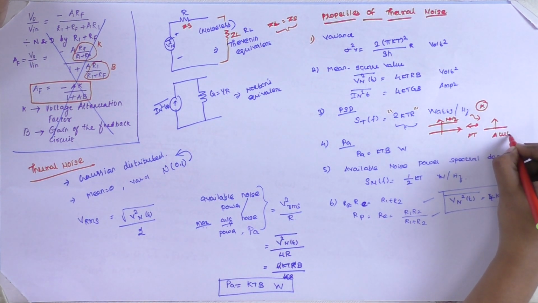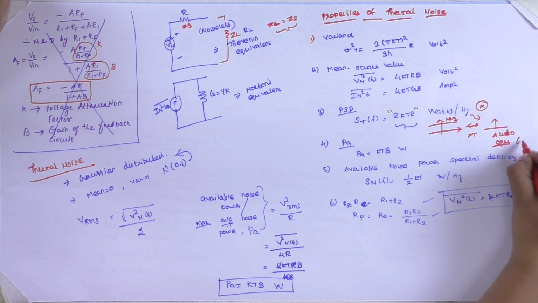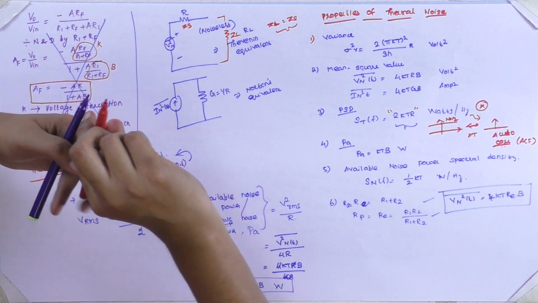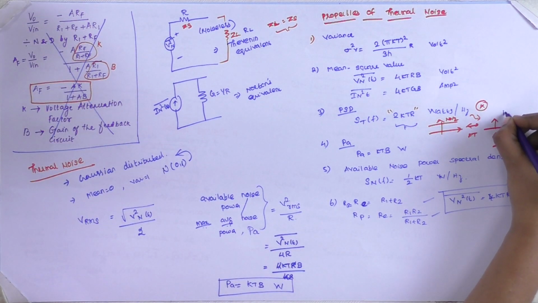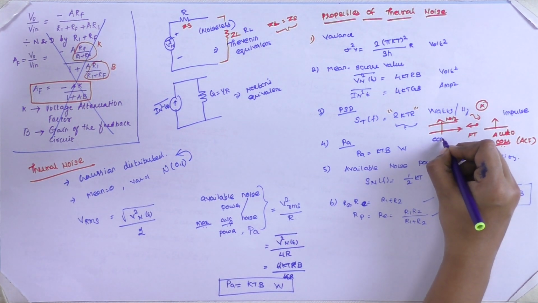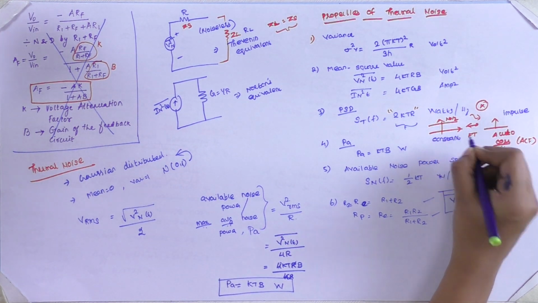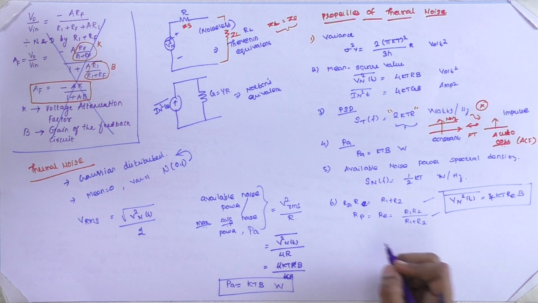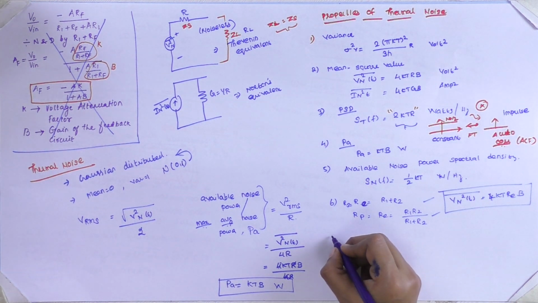Therefore, the autocorrelation function, ACF in short, of the thermal noise process will also be in the nature of an impulse. We will see here comparing with respect to white noise.